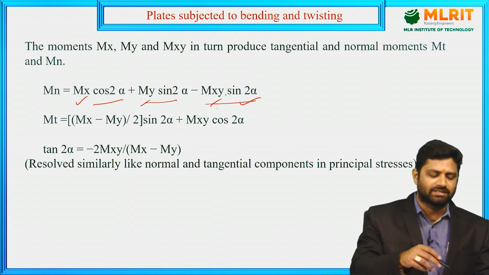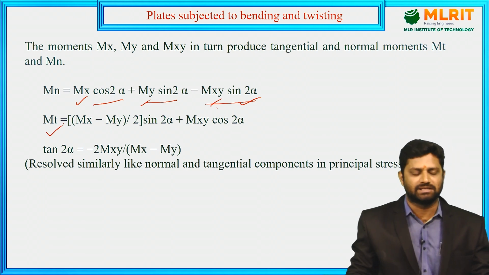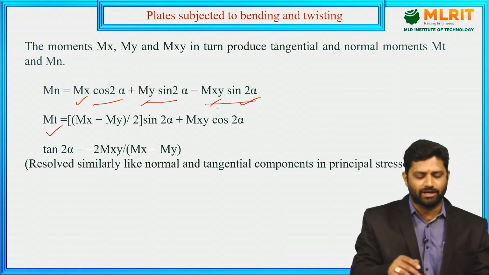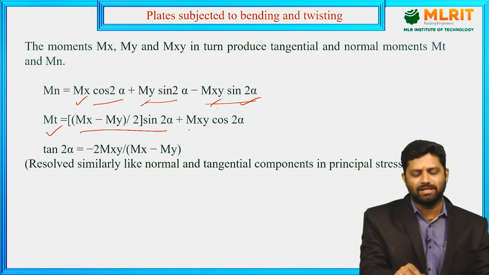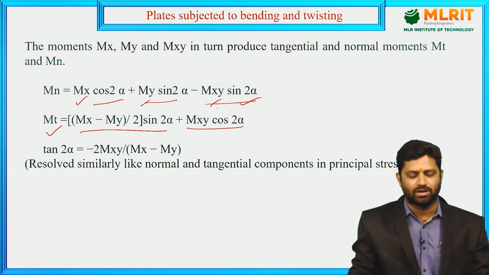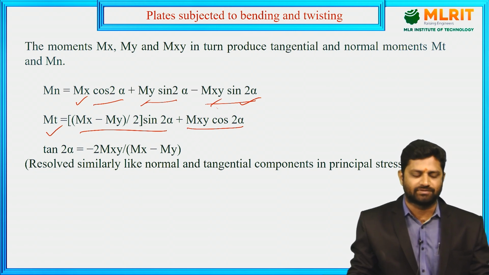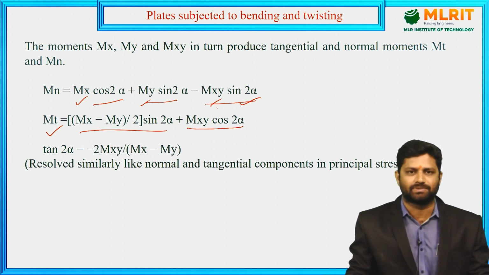Similarly, the twisting moment acting on an inclined plane is given by mx minus my by 2 into sin 2 alpha plus mxy cos 2 alpha. Here also sigma x, sigma y and tau xy are replaced by mx, my and mxy, just as in the case of principal stresses.